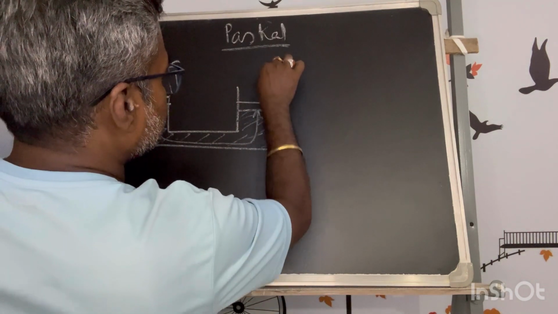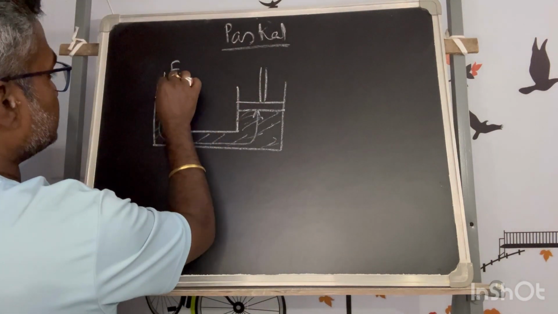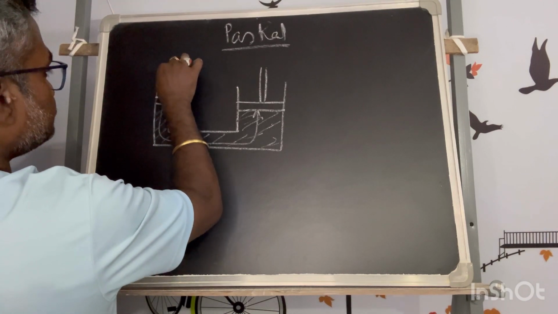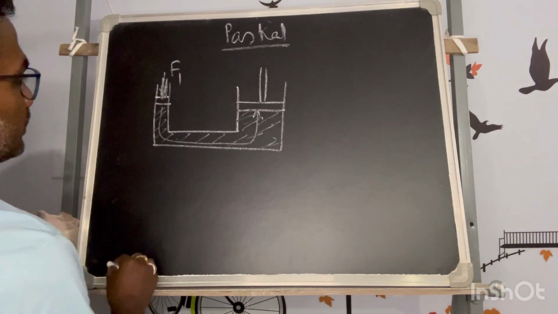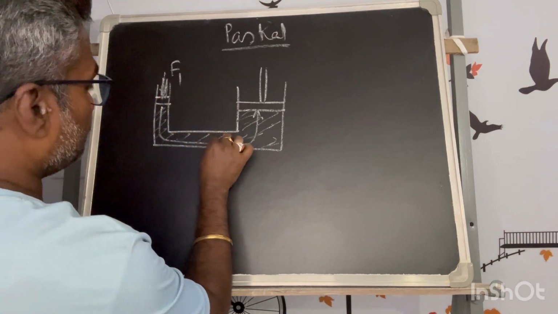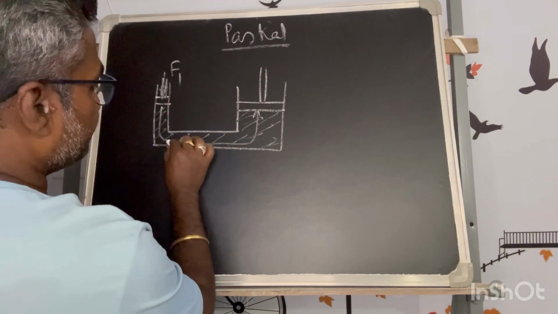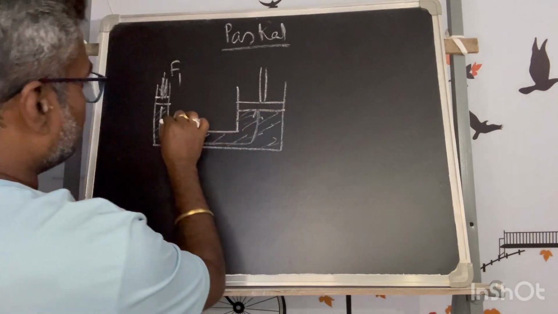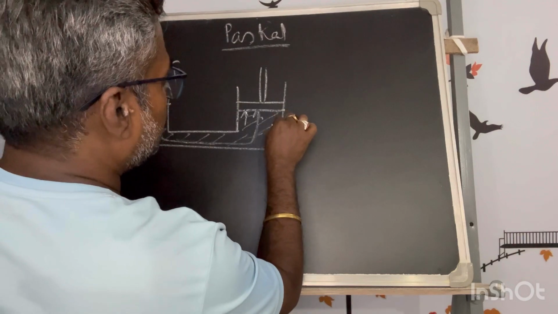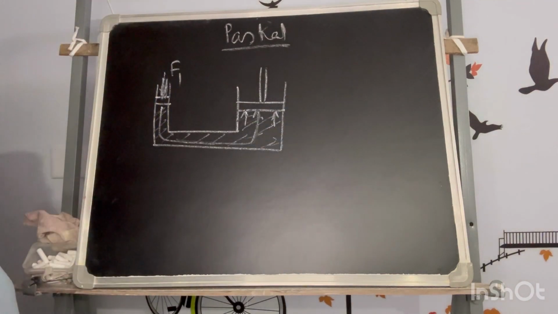If I keep a piston here, on which I am putting force F1, that is causing a pressure. That pressure energy will move in all directions without diminishing. One such direction it will move, and then it will hit the lower surface of the piston.